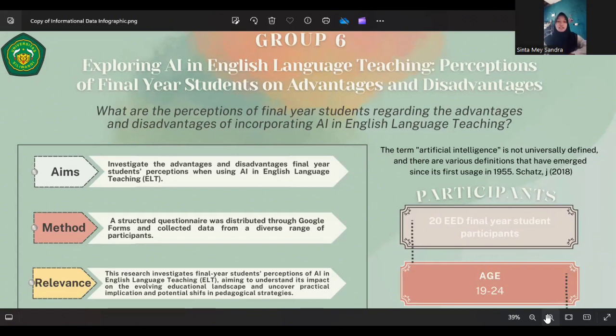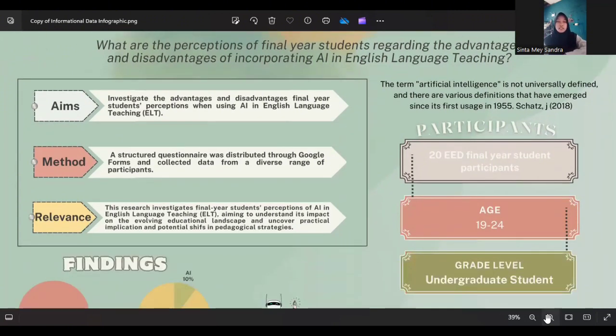And then the participants of our survey are final year students of the English Education Department at University of Siliwangi, who have shared their views on the advantages and disadvantages of using AI in ELT.